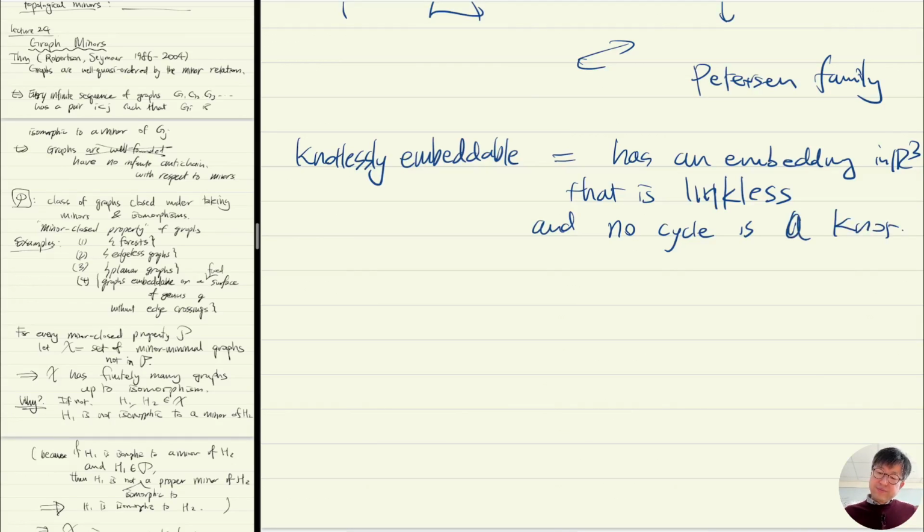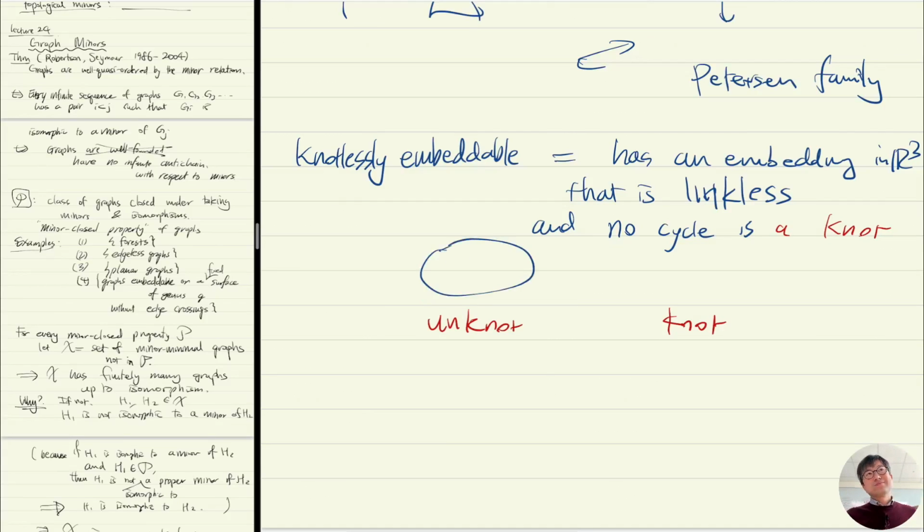What is a knot? So there's an unknot and a knot. The unknot is something like this. A knot is something like, oh, I don't know whether I'm drawing correctly.